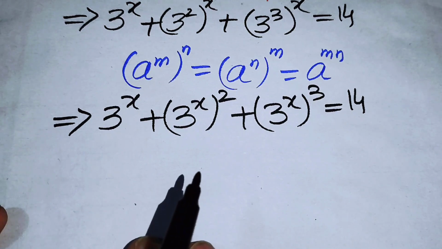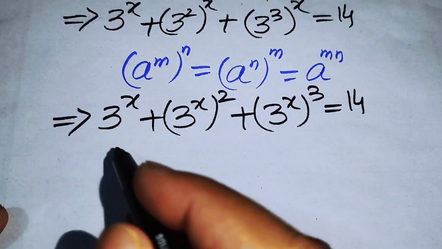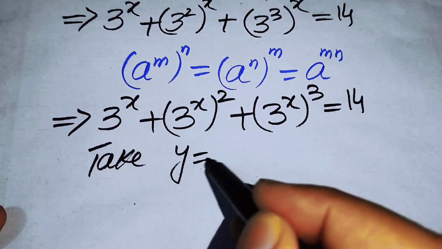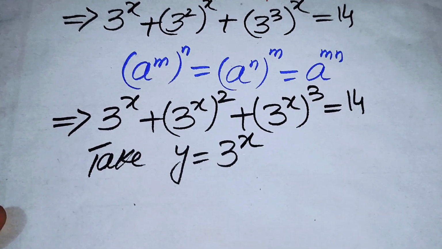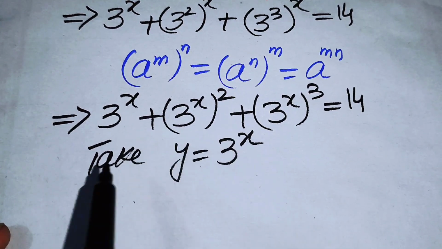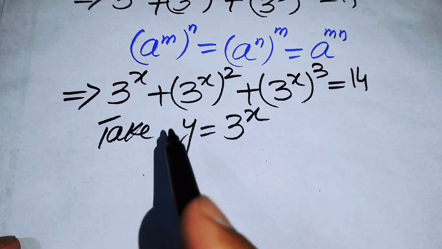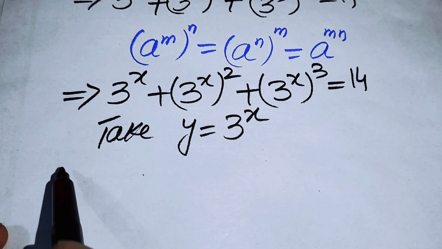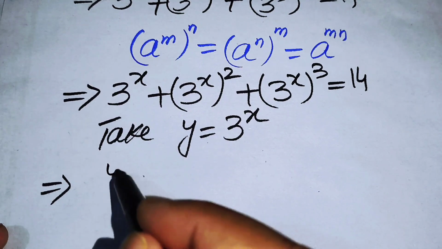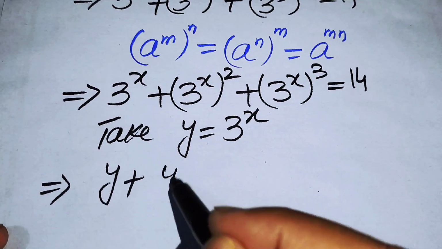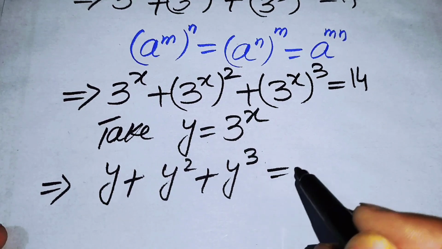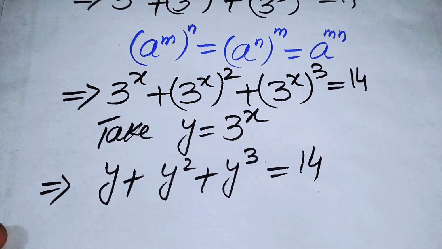And so in the next step we will take y is equal to 3 to the power of x. So when you put y is equal to 3 to the power of x, this exponential equation becomes a polynomial form, a cubic form, so that this will be written as y plus y squared plus y cubed is equal to 14.